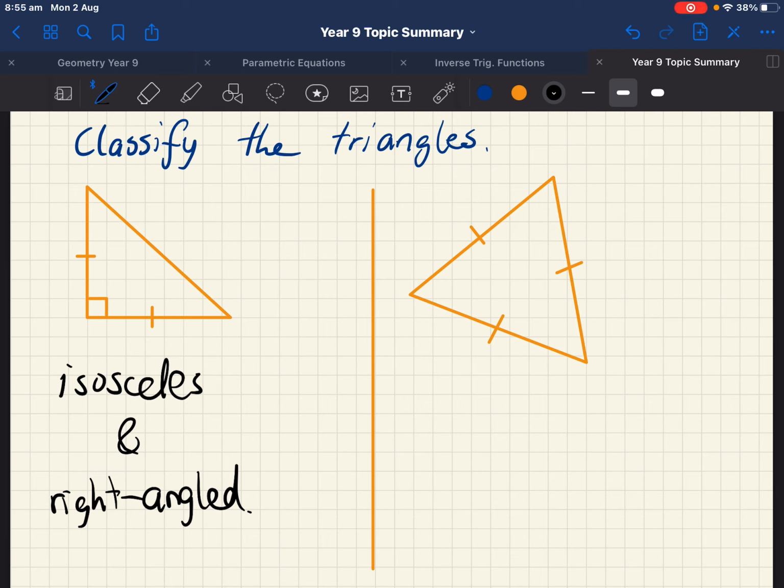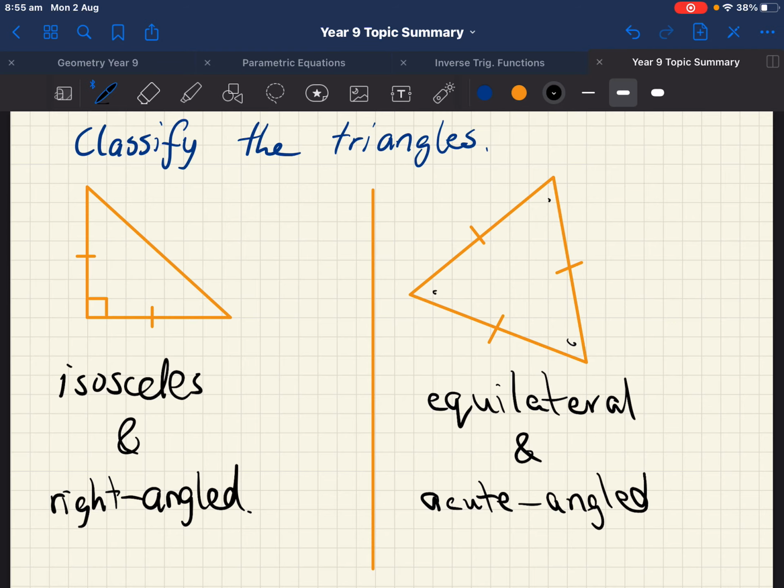The second one, all three sides are equal. So this is an equilateral triangle, and all three angles are acute. So it is also acute angled.